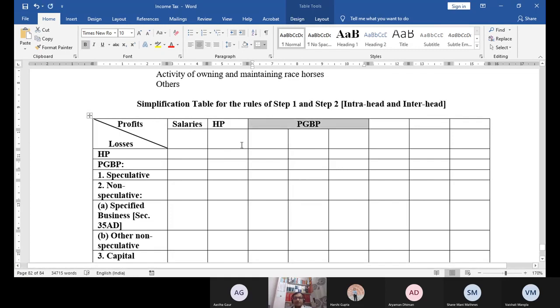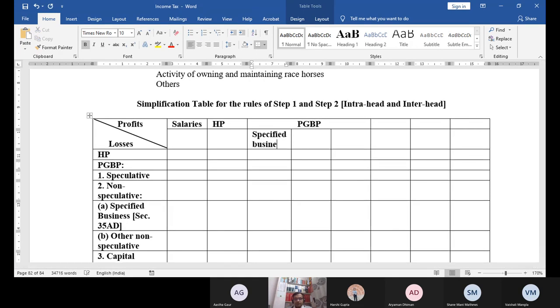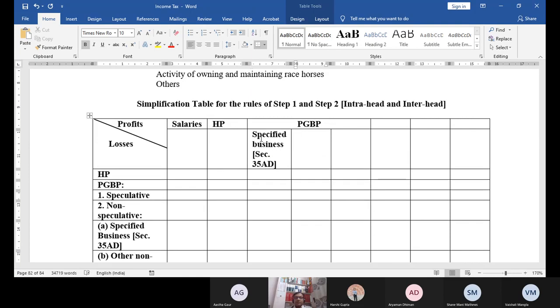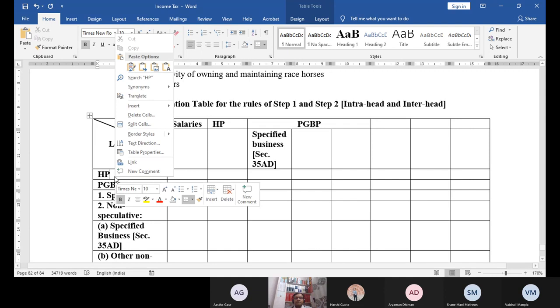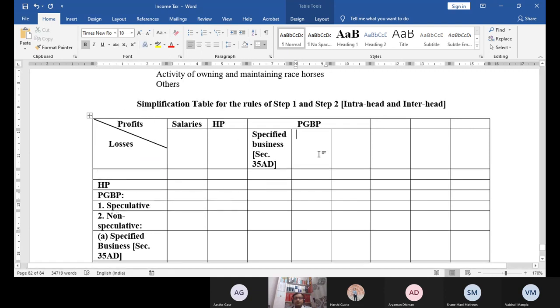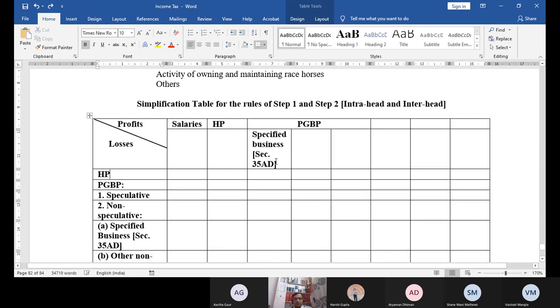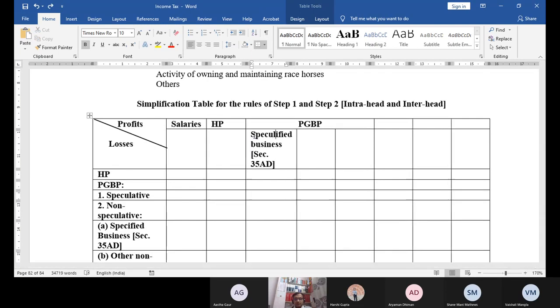It can be specified business profit. It can be not specified, it should be speculative first.